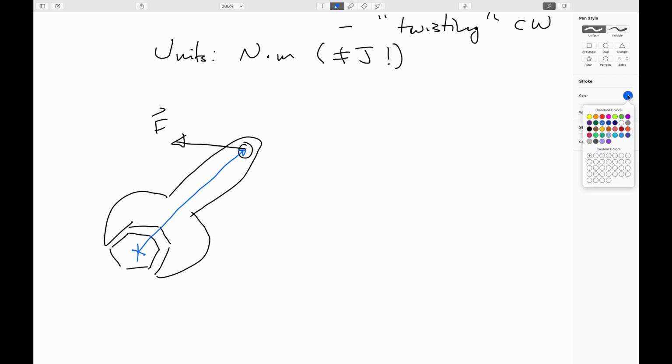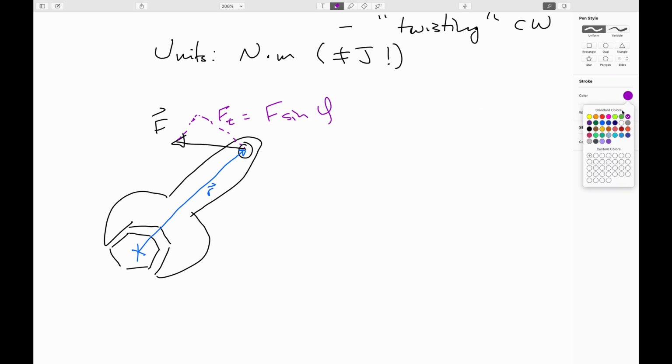And if we work through the trig of it, and I'll leave the geometry and trig for you to do, you should be able to convince yourself that the tangential component of the force, the part of the force that is tangent to the circle that we would get here, turns out to be equal to F sine phi.